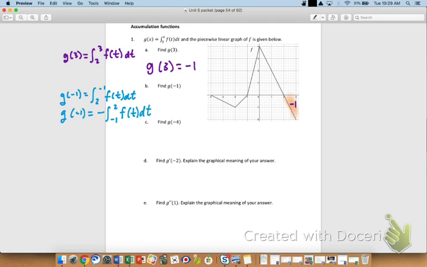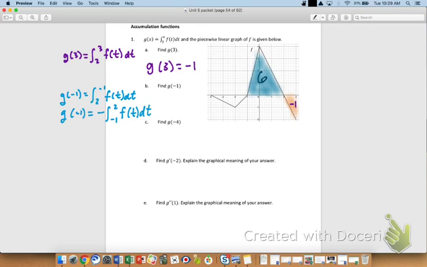You use area. There we go. So from negative 1 to 2, I get this right here, this awesome blue area. And what is that area? 6. It is 6. You are correct. So I could then say that the integral from negative 1 to 2 is 6.